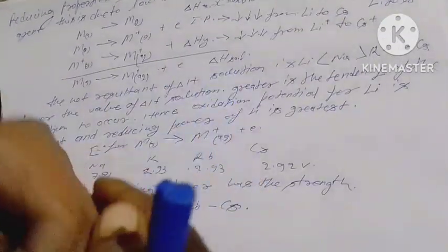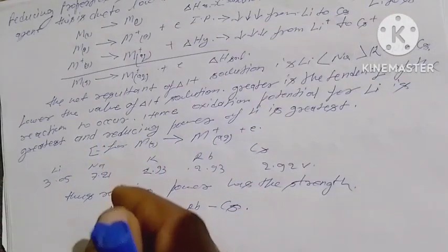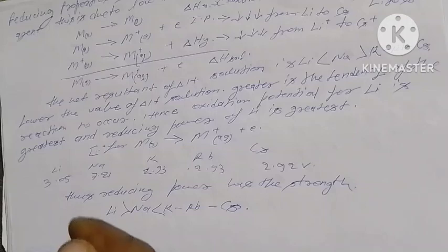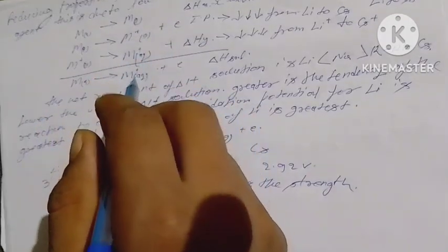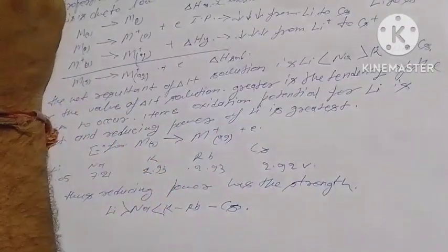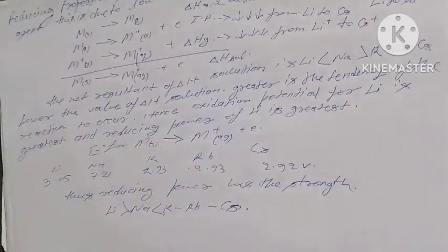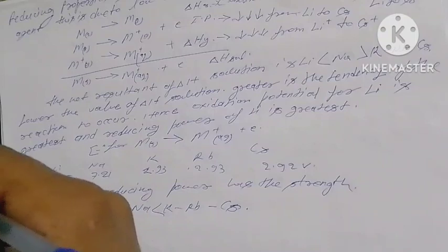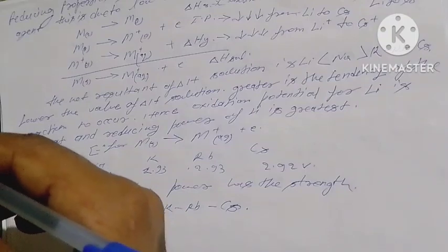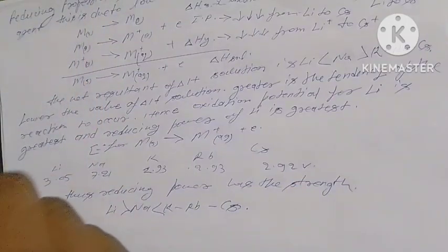It may be noted that though the ionization potential of lithium, the tendency of lithium to lose electron in gaseous state, is highest, its reducing power, the tendency of lithium to lose electron to form aqueous lithium positive ion, is higher than sodium.